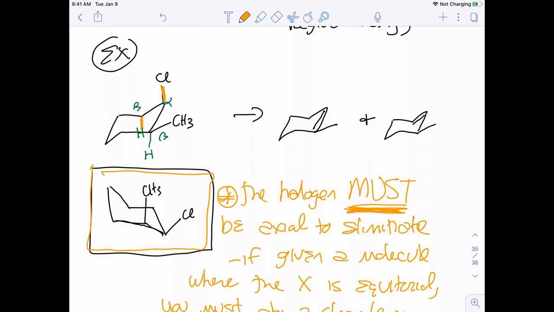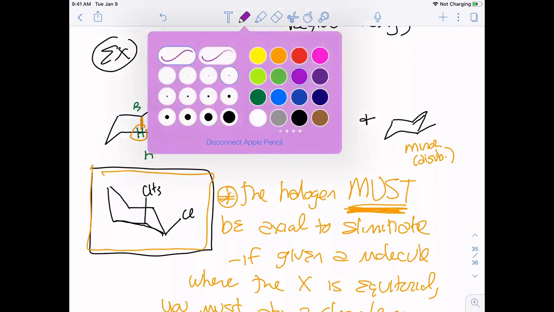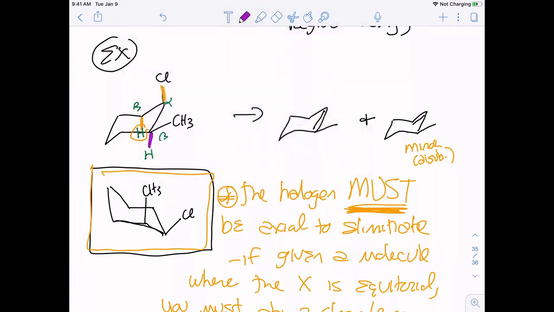So I can take this hydrogen, and that would give me this second product, which is actually my minor product, right? It's di-substituted. Or I could take this purple bond, that hydrogen and chlorine. Those are both purple now. This would be my major. It is tri-substituted. So both of those products are possible.